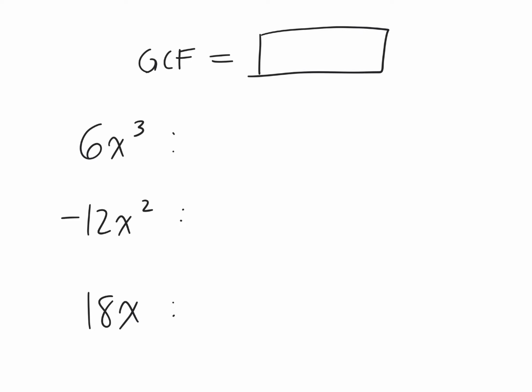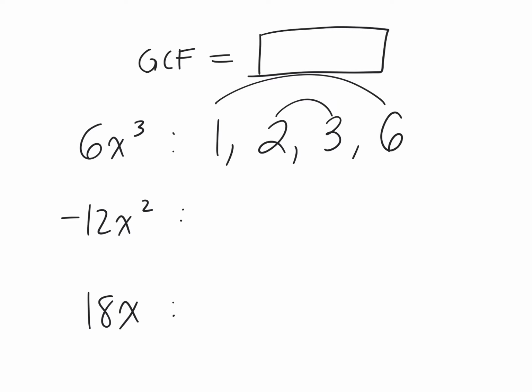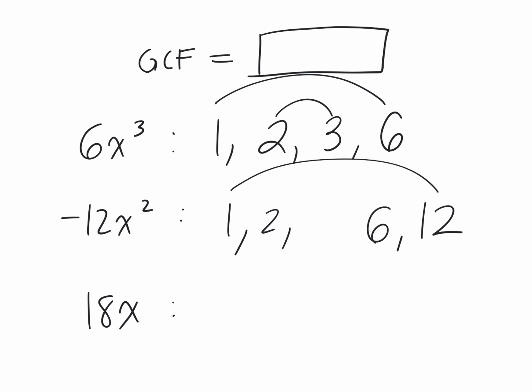What are factors of 6? 1 times 6, 2 times 3. That's it, right? Factors of 12. Let's just ignore the negative right now. 1 times 12. 2 times what gives me 12? 3 times what gives me 12? 4.